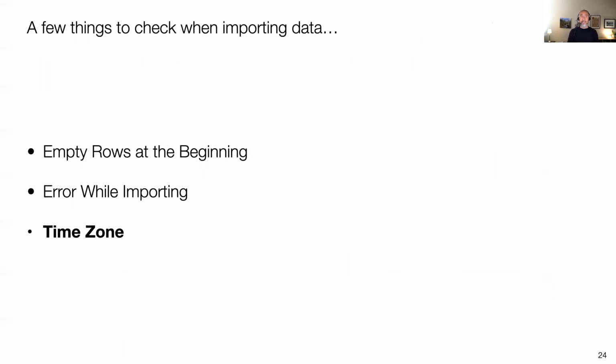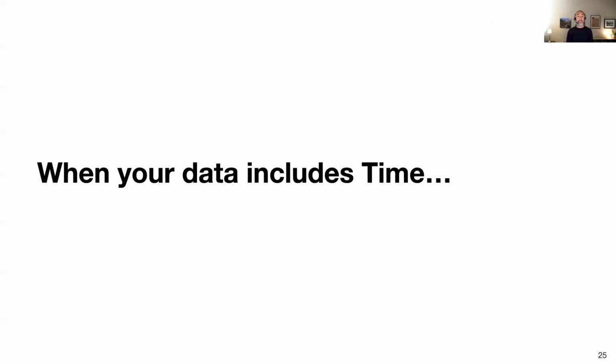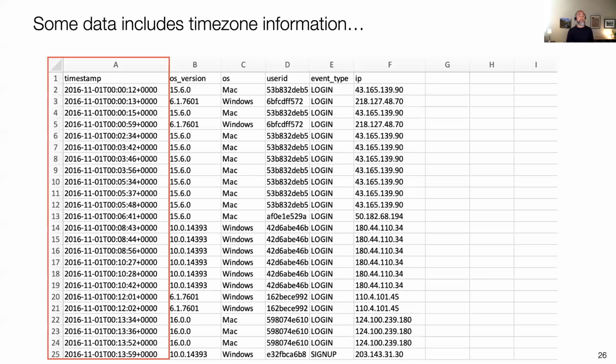And another area we often hear the problem is the time zone. And the time zone is actually really tricky when your data includes time. The data we just imported didn't have time information, only the date information. But for example, something like this, right? It's kind of hard to see, but at the center of this data, it says T, and the right side of the T is actually the time.